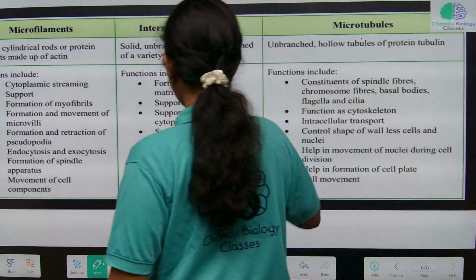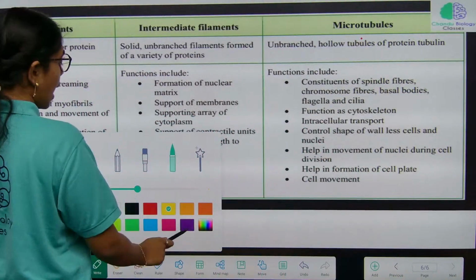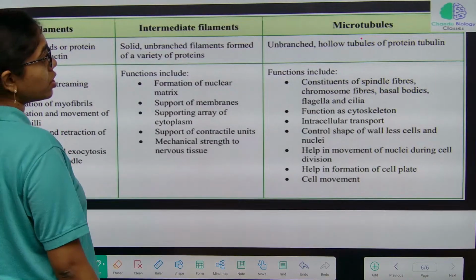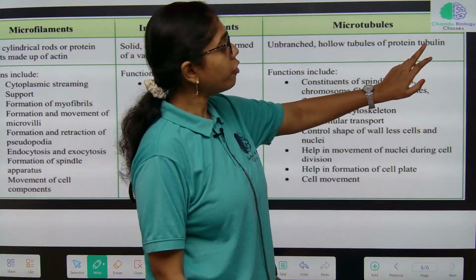Microtubules you look into. Microtubules are unbranched hollow tubules of protein tubulin.